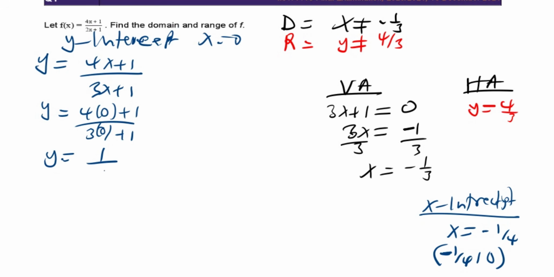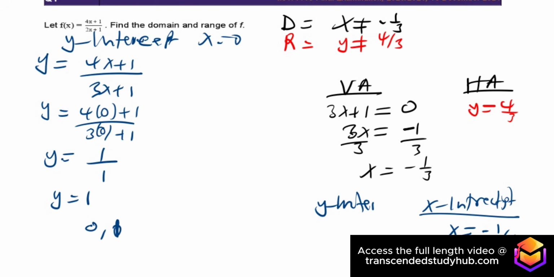Down here it will also be 1, so y will be equal to 1. So when x is 0, y is 1. So you say y-intercept, y will be equal to 1. So what does it mean? When x is 0, y is 1. We are done with that.